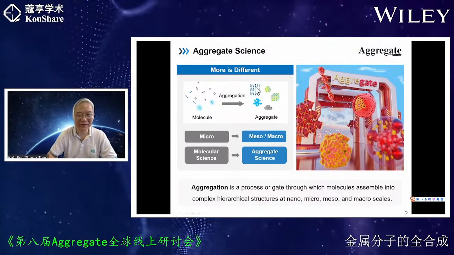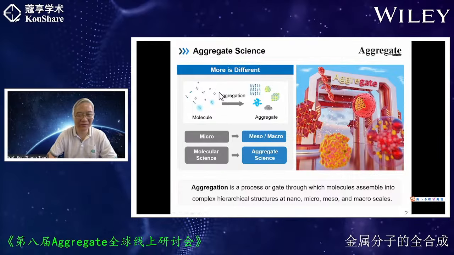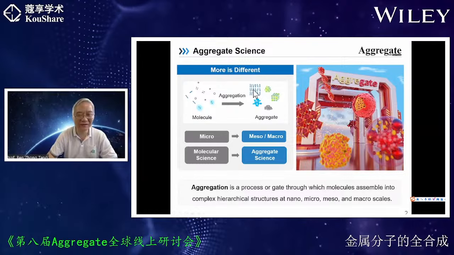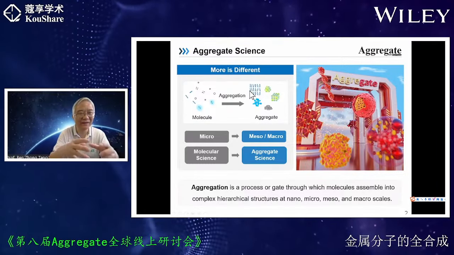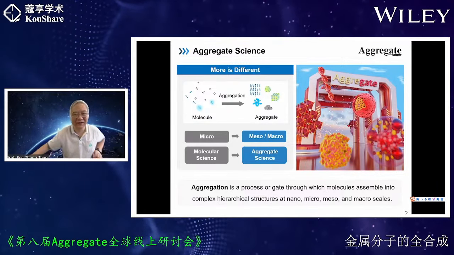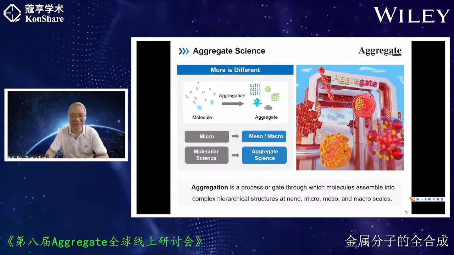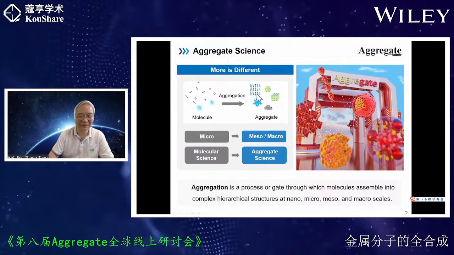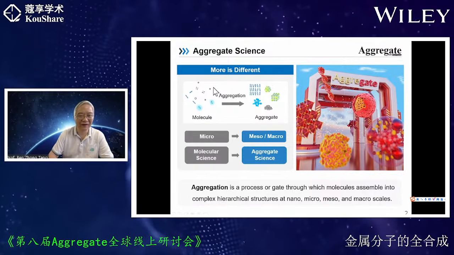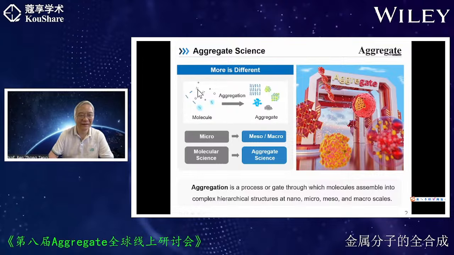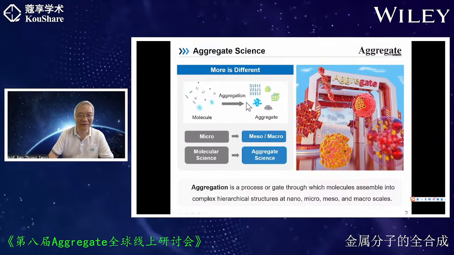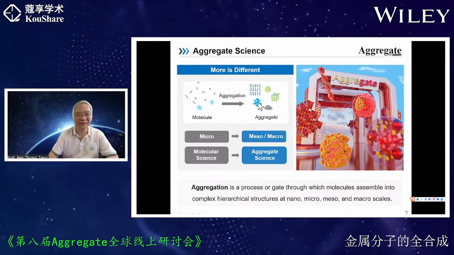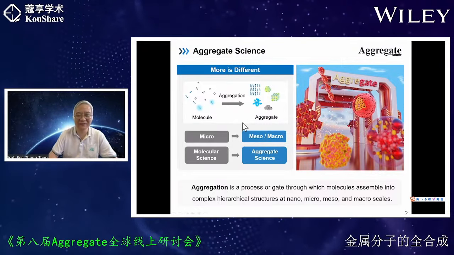For example, a single molecule will not have nematic crystallinity, but when many mesogenic molecules are aggregated together, you get nematic crystals. For aggregation-induced emission, single molecule species do not emit, but when they form aggregates, they emit very efficiently. There are many such examples.